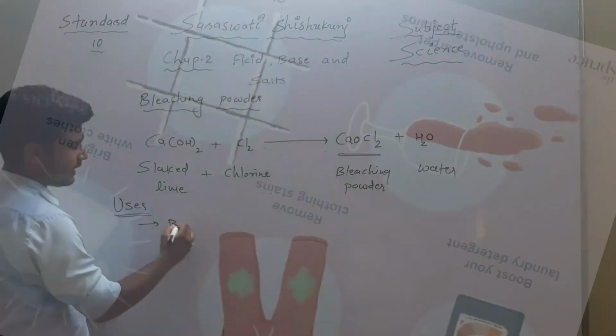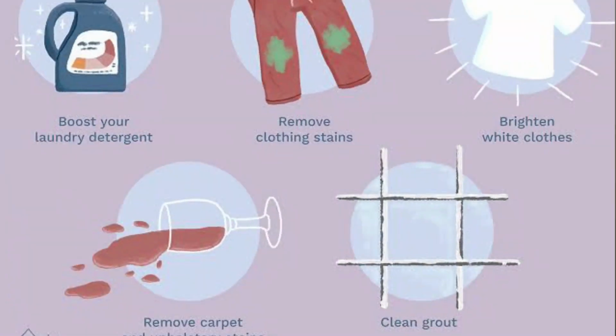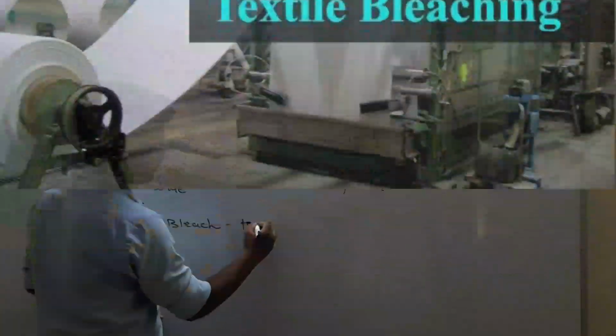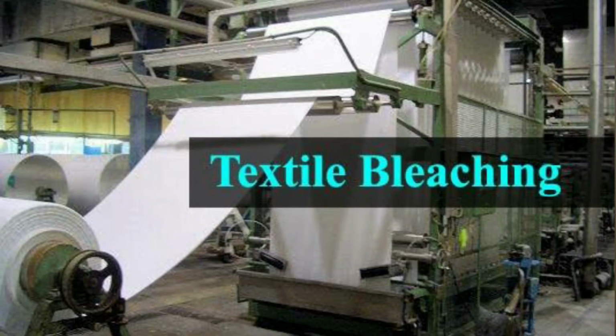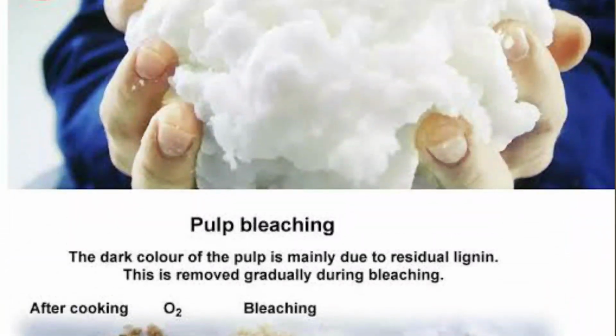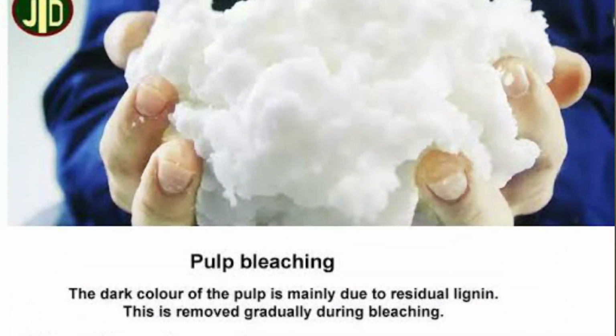We know that it is used as a bleach in textile industries, in linen, to bleach linen, and to bleach paper or paper pulps.